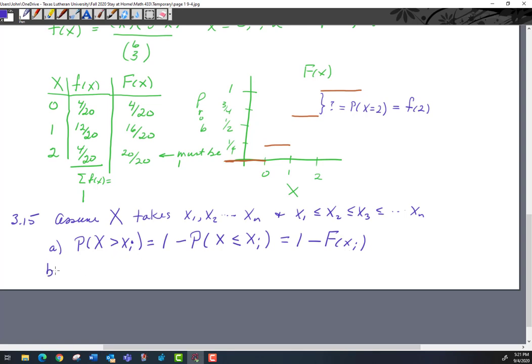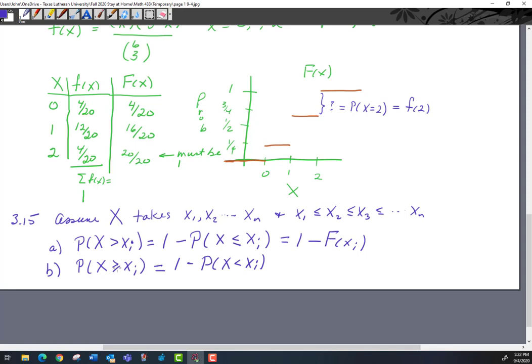I want to tell you one other thing. So I'm going to go ahead and do part B. Part B tells us to evaluate the probability that x is greater than or equal to xi. And the law of complements, again, tells me that that would be equal to 1 minus the probability that x is less than xi.